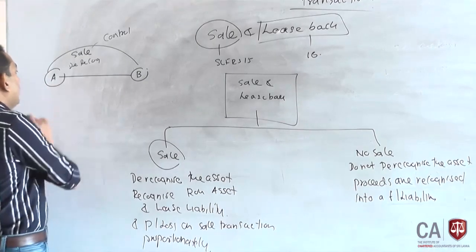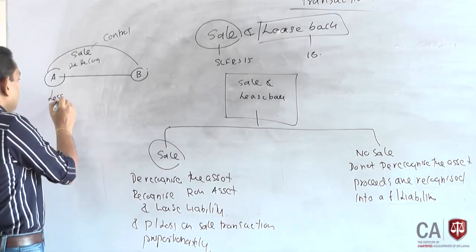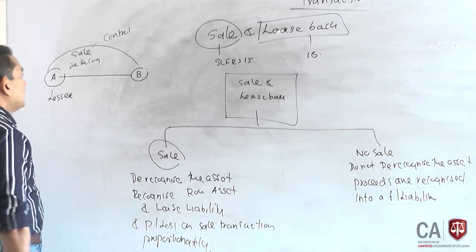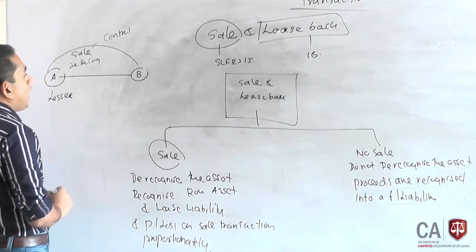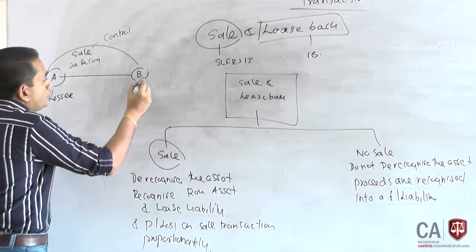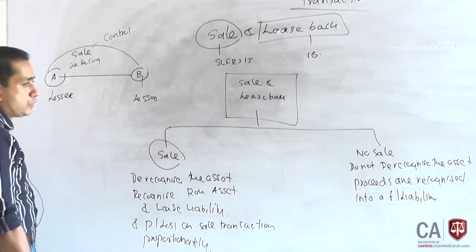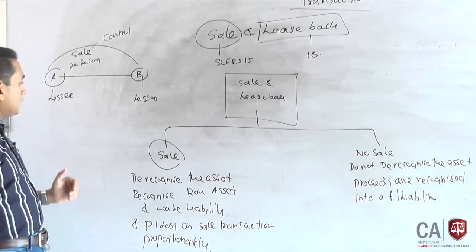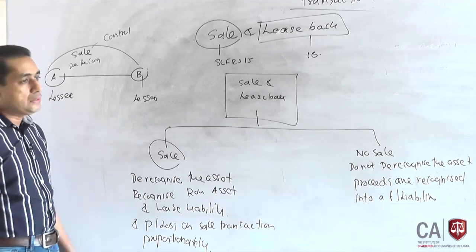Then we call A the seller lessee. He becomes the seller as well as the lessee. B is the buyer. We call him the buyer lessor. He is not only the buyer, also the lessor. You need to do the accounting in the books of the seller lessee and also the buyer lessor.